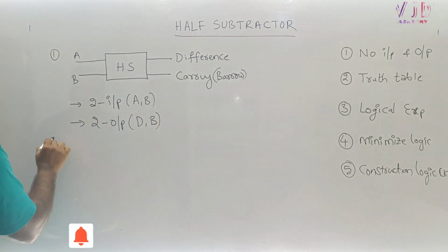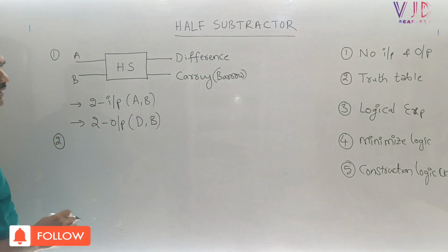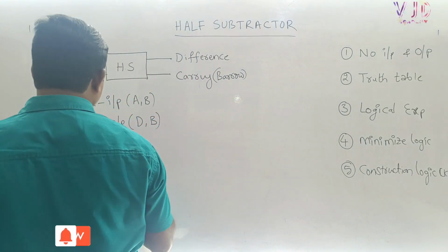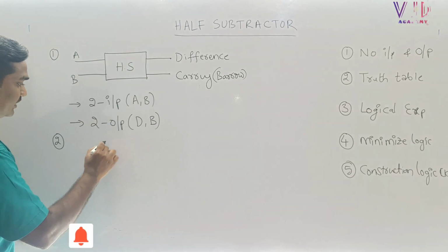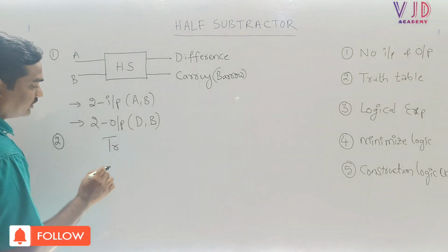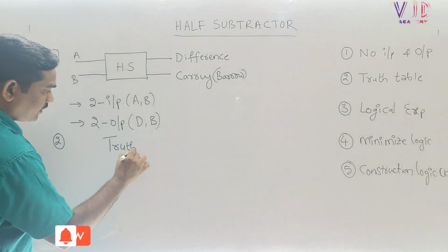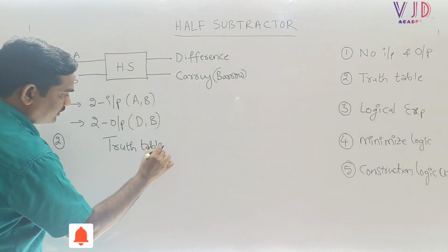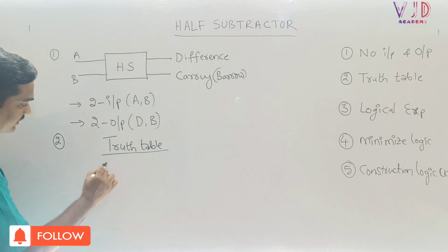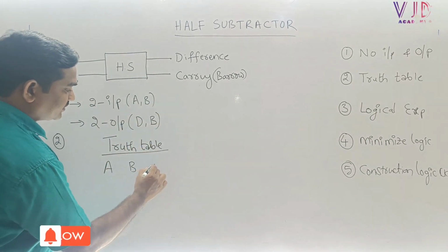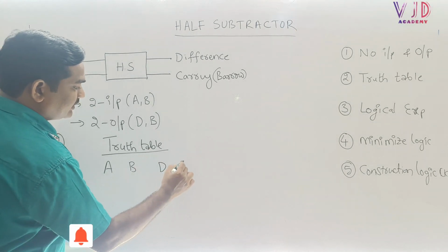Now the second point in half subtractor learning is construction of the truth table. Let us try to construct a truth table here. We have 2 inputs, which are A, B, and the outputs are difference and then borrow.